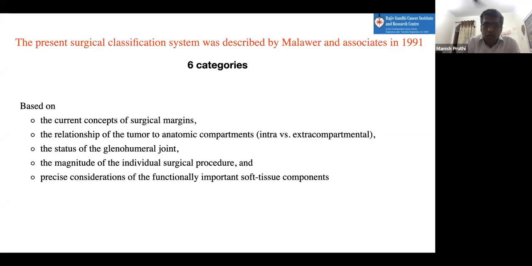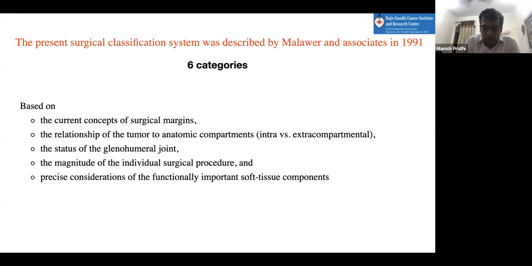So as far as the shoulder resections are concerned, the surgical classification system was given by Malawer et al. in 1991. And they actually categorized the shoulder resection into 6 categories.